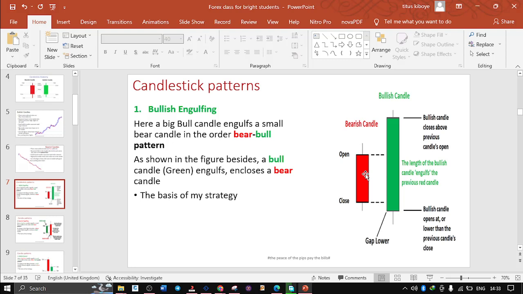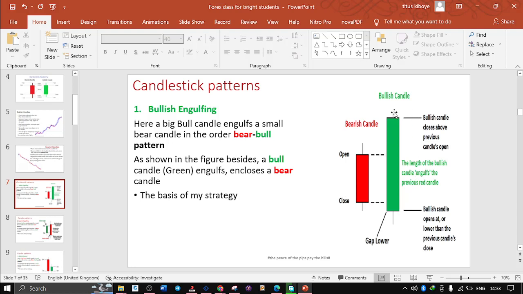Yes, as it is written there, red in this case is bearish and green is bullish. The color only differentiates them. So this is a bearish candle, and this is a bullish candle.